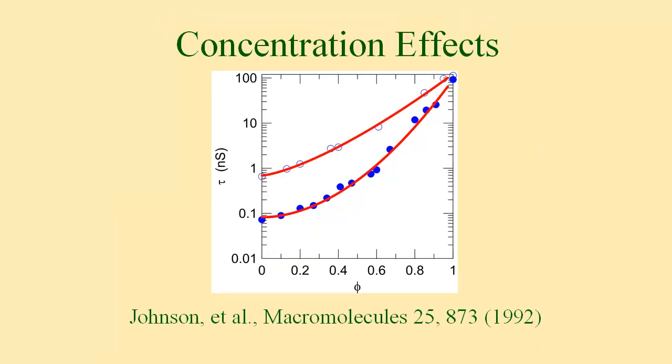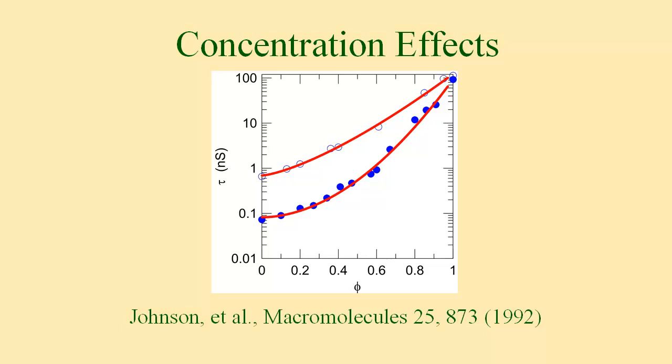Segmental reorientation times are also sensitive to the local polymer concentration. Here we see an example of this for center-labeled polyisoprene, work of Johnson et al. The open circles show the time constant for reorientation of the center label on a long polyisoprene chain.